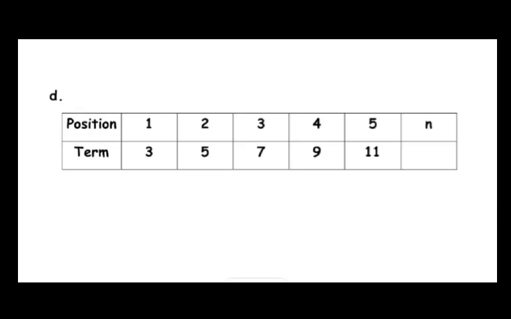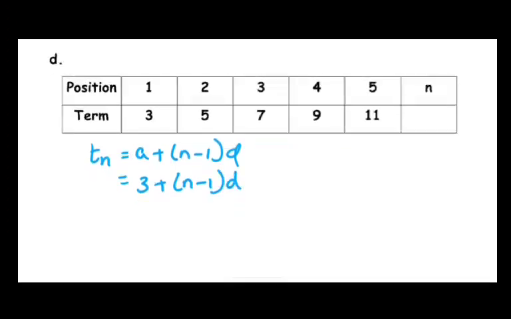Fourth sum says Tn = a + (n - 1)d, which is equal to 3 + (n - 1)d. Why d? So d is a positive 2. The difference is of +2. So 3 plus 2 into n makes it 2n. 2 into -1 makes it -2. 2n plus 1, 3 minus 2 is 1.